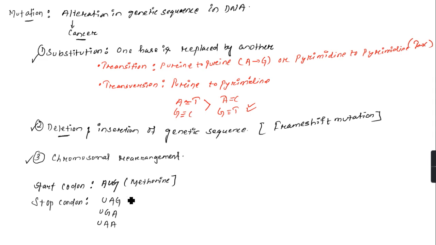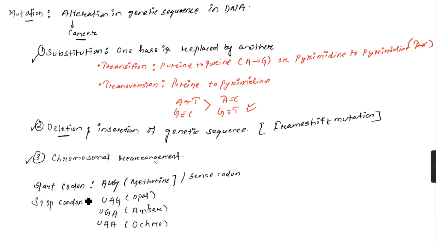UAG is called opal, UGA is called amber, and UAA is called ochre. Okay, the start codon is also called a sense codon.